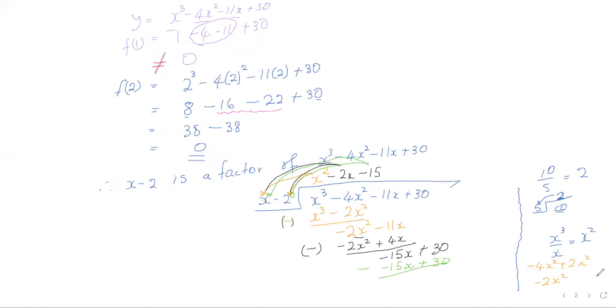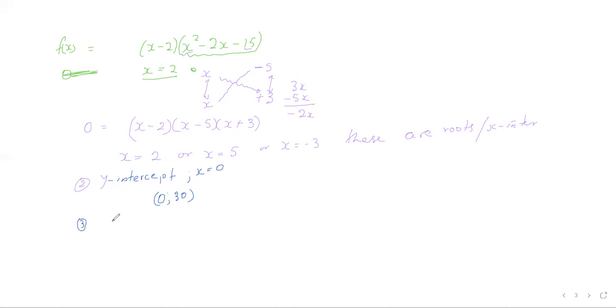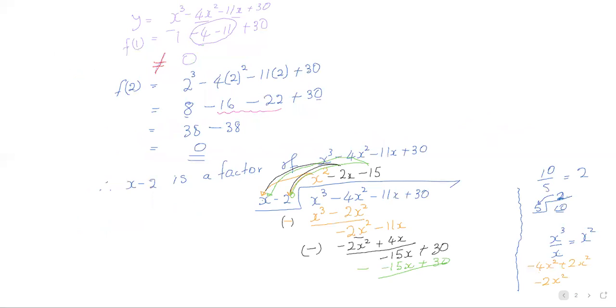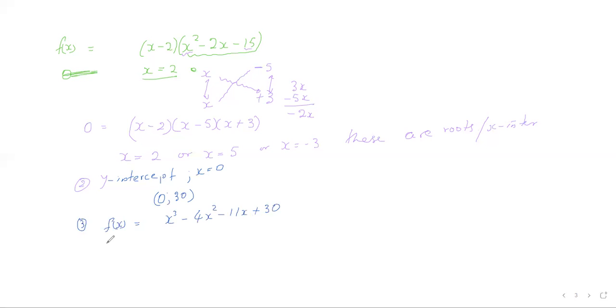That is okay. We have f of x is equal to x cubed minus 4x squared minus 11x plus 30. Let's check. Yeah. So when you look for the turning point, we differentiate the function.